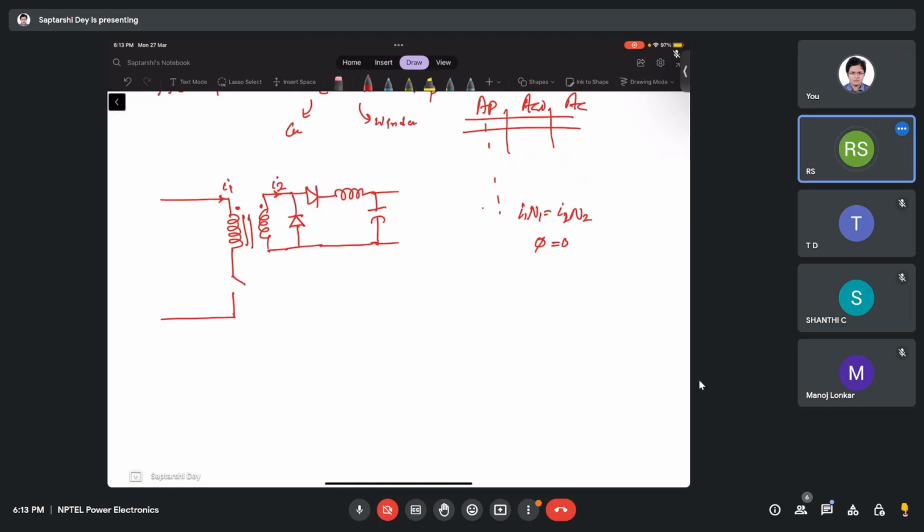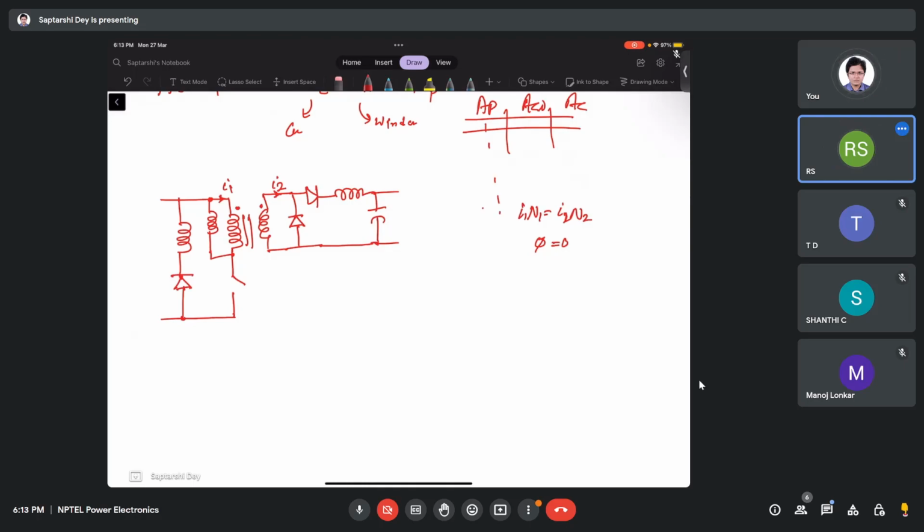Now when you are not considering an ideal transformer, then you have to consider a finite magnetizing inductance of the transformer. Now this is the case when we need a reset winding for the forward converter.